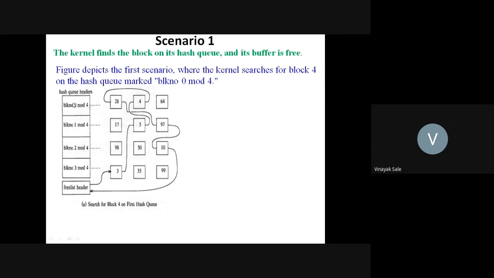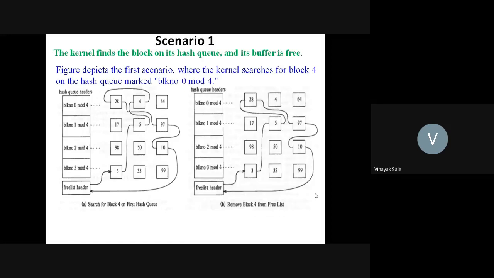If it does not, then it searches the free list. These arrows indicate that this is the free list of buffers. Whenever the kernel finds the particular buffer, it removes it from that free list.